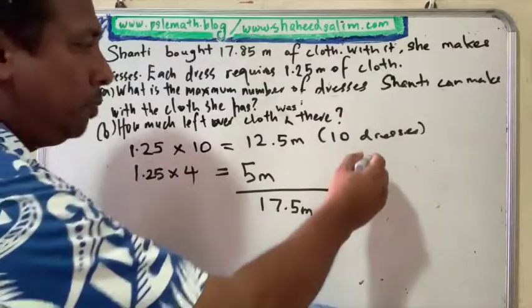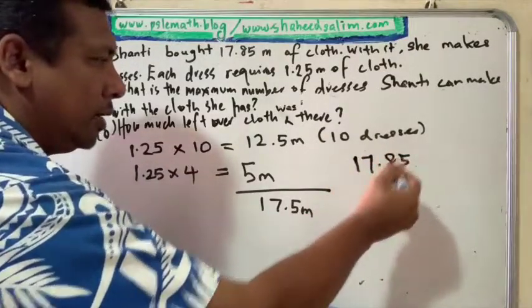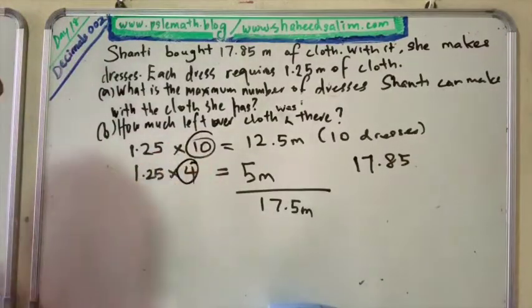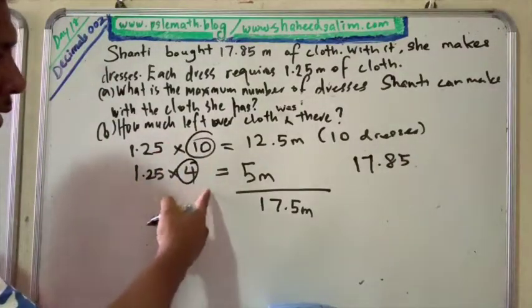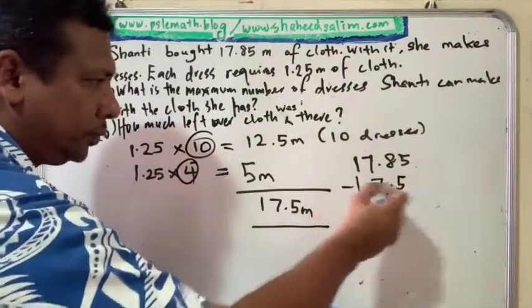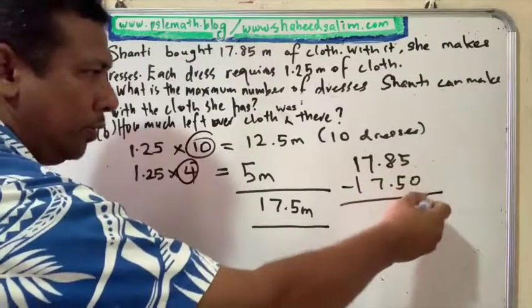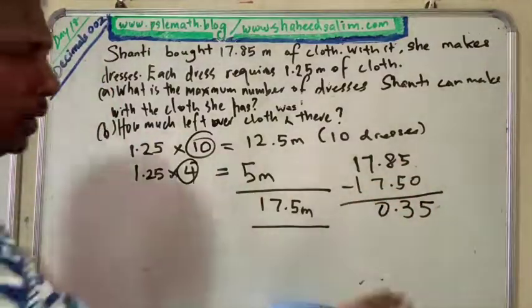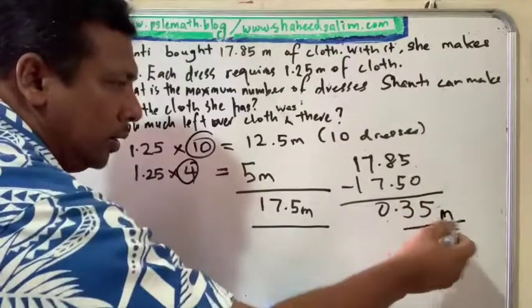Shanti has 17.85 meters. She can make 14 dresses, and she needs 17.5 meters. That's 17.85 minus 17.5. Add a 0 here. You get 0.35. This is the leftover cloth.